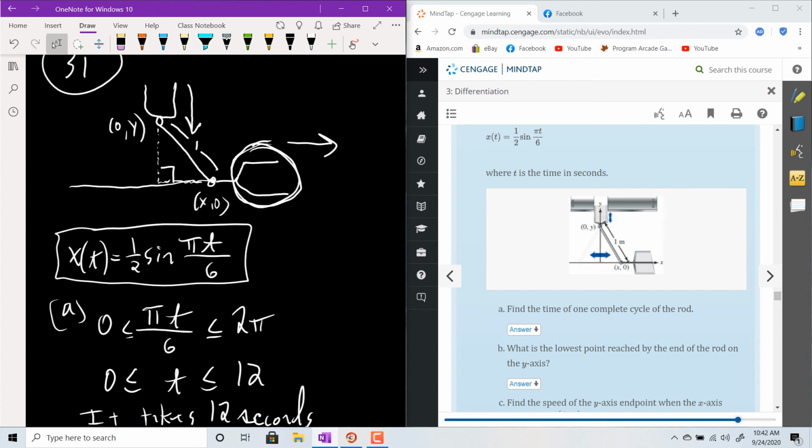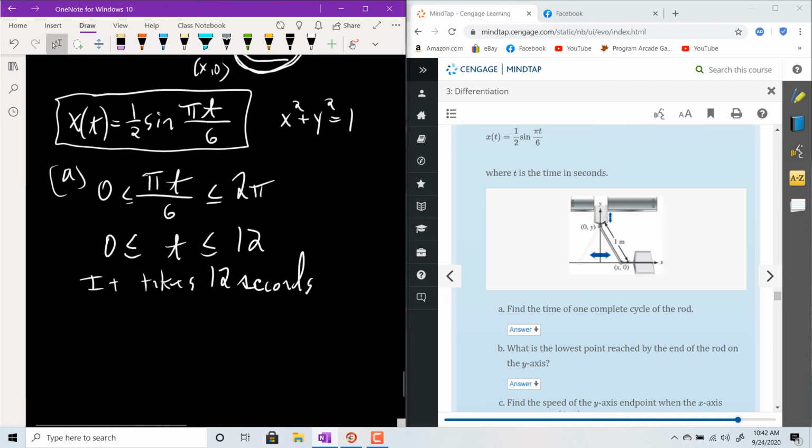So I want to note that x squared plus y squared is equal to 1, and I want to find the maximum x value. The maximum x value will happen when the angle inside of sine is pi over 2, because sine is maximum at pi over 2.